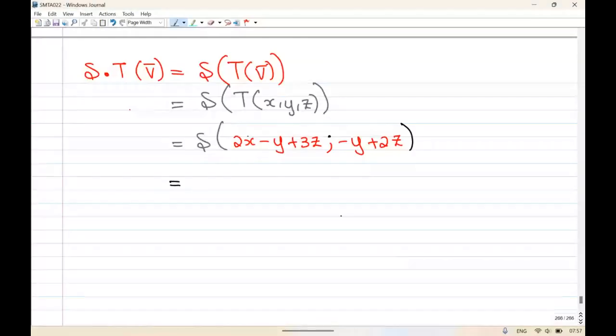The whole of this will behave as X, and the whole of this will behave as Y. Can you please tell me what is going to be your answer then?